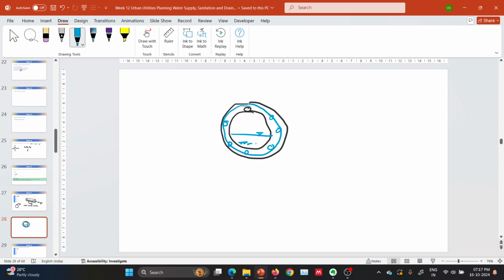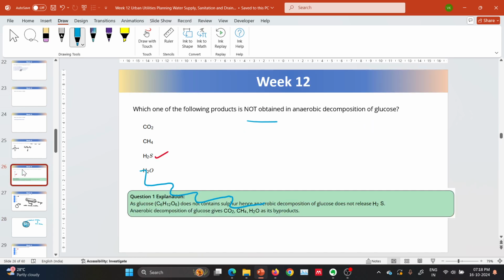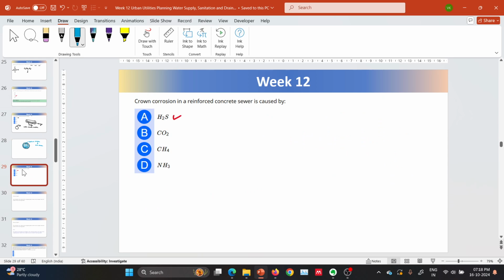Because of the decomposition of this organic matter, H2S will form, and H2S will go up as it is a gas, and it will attack the steel bars. And the steel bars will undergo corrosion, and that is called crown corrosion. So H2S is the main gas which causes crown corrosion.